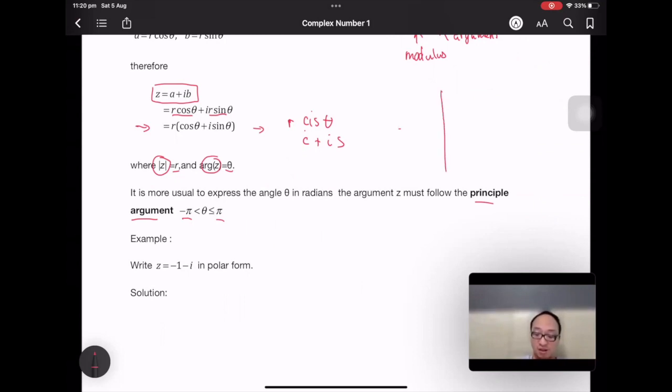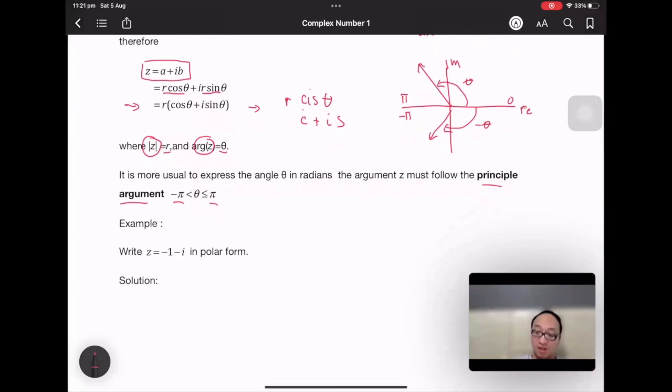So if this is real and this is imaginary, the argument of the complex number is always from 0 to pi, and negative pi to 0. So this is theta, and this is theta. So it's from negative pi to pi, not from 0 to 2 pi.